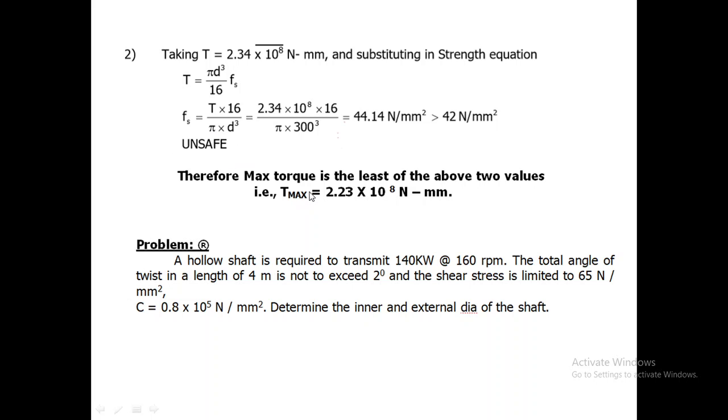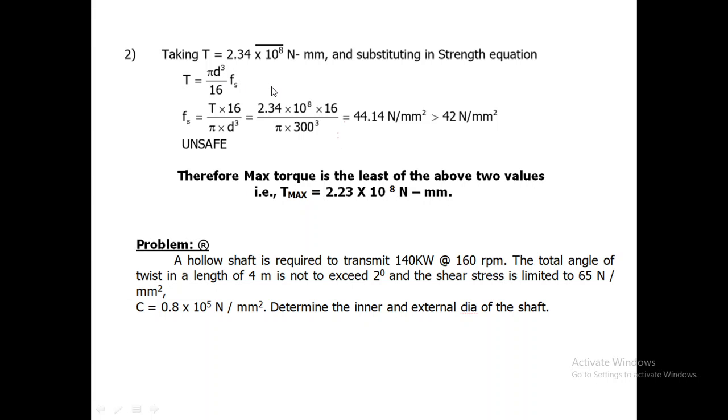Therefore, the maximum torque you have to use is 2.23. While designing the shaft for transmitting that power, the torque should not exceed 2.23 Newton millimeter. If you take 2.34 as the torque, it will fail, it will fracture, it is unsafe, because the shear stress will be more than 42 megapascal.